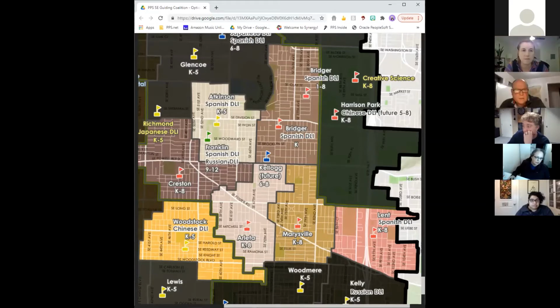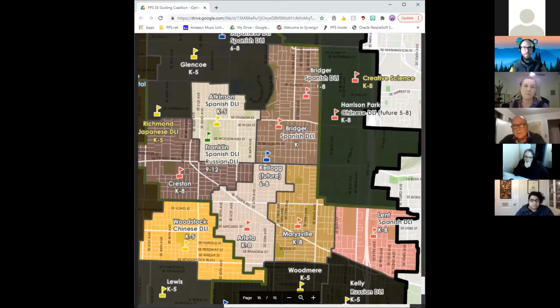And I don't know if this helps, but the original springboard, which I realize we've taken out because of the need to change, had both Arleta and Marysville go north, so that they were taking some of those students into the attendance areas that are currently Bridger attendance area students. Yeah, that's right, just to ensure that Kellogg was within its own attendance area.